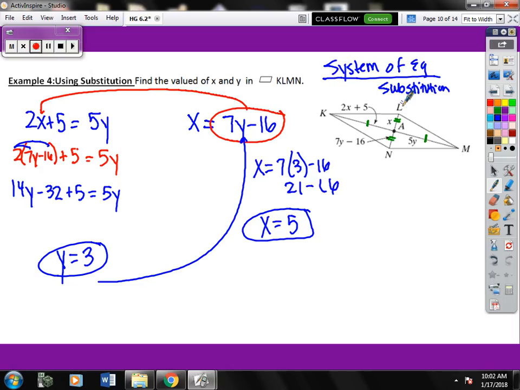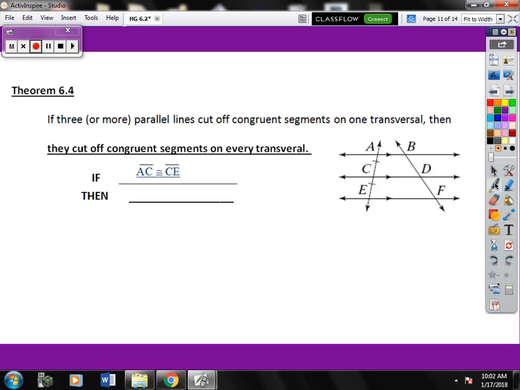Okay, the last theorem then basically tells us, if 3 or more parallel lines are cut off into congruent segments by one transversal, so you have at least 3 parallel lines, then this theorem tells us that any other transversal you draw in will also be cut into congruent segments.